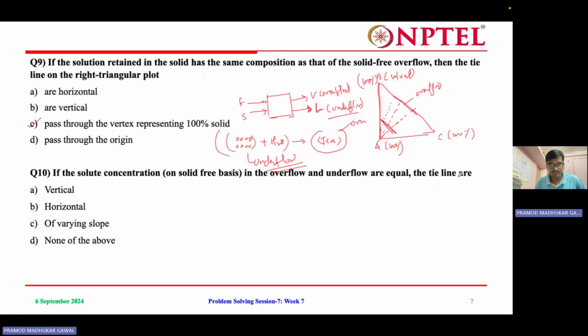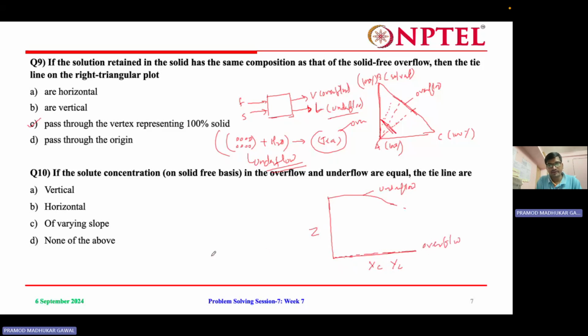The tie lines are, here Z is a mass ratio, XC by C. So this is the underflow, and this is the composition of the overflow.